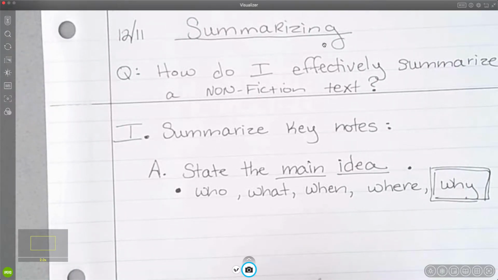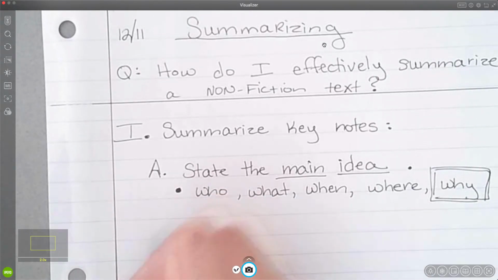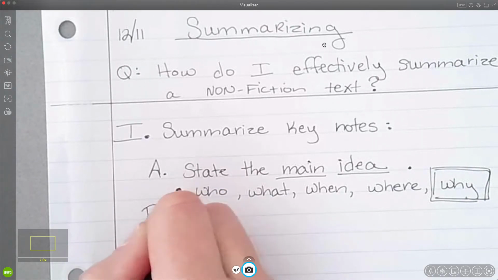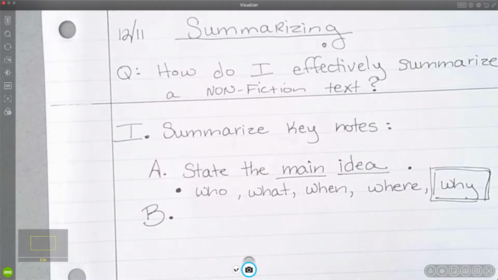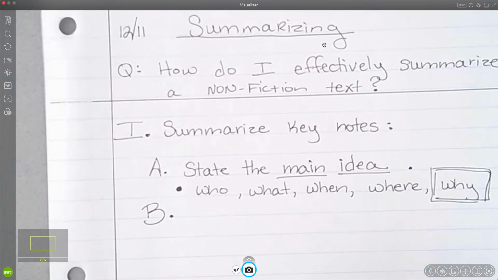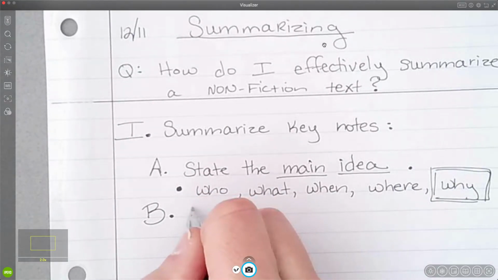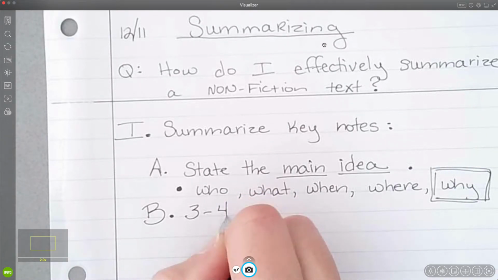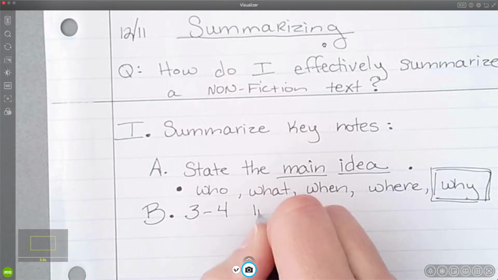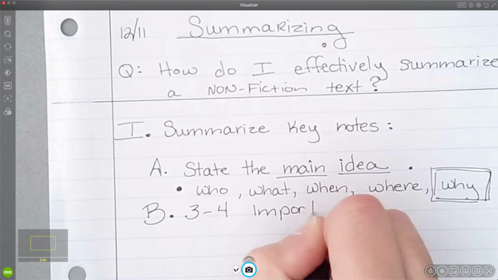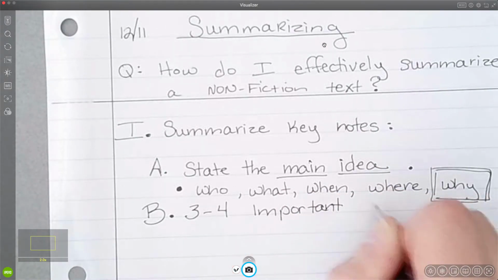Okay? Then, the second part, letter B. When you are summarizing, after you do your main idea, you want to tell 3 to 4 important details.